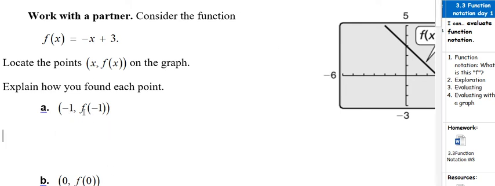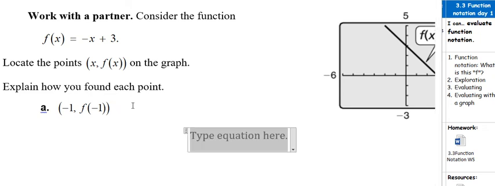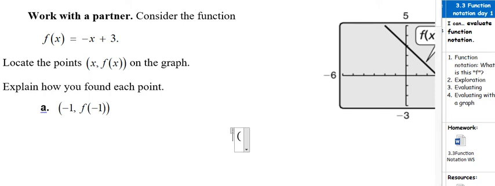Two ways we can do this. The first way is I'm going to plug in negative 1. So if I plug negative 1 in for x, I would get negative 1 times a negative, so this is this negative out here, then the x is negative 1, plus 3. Negative negative 1 is 1, plus 3 is 4.